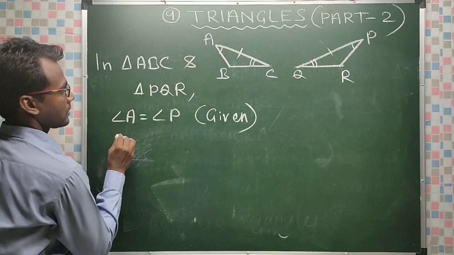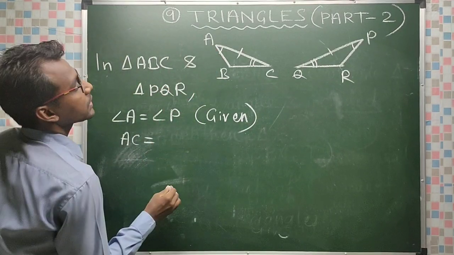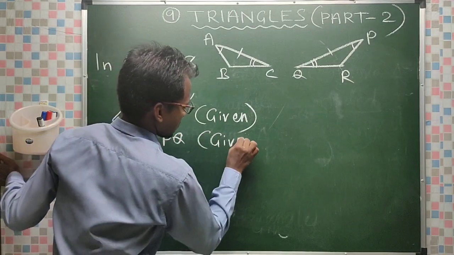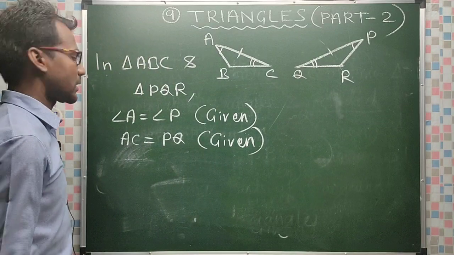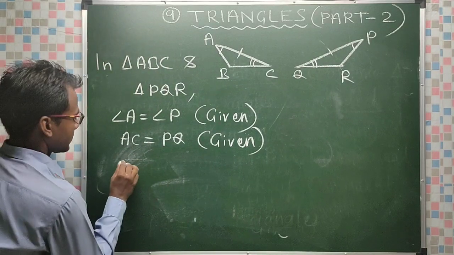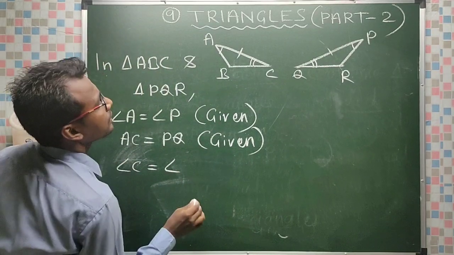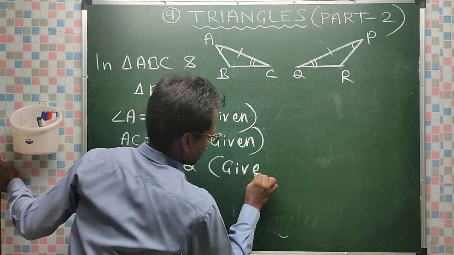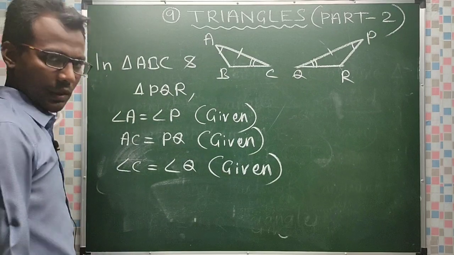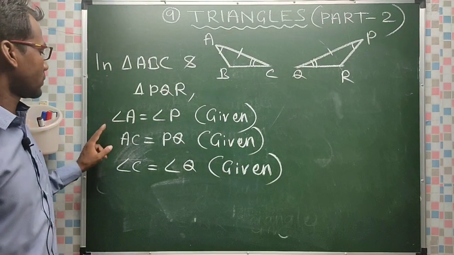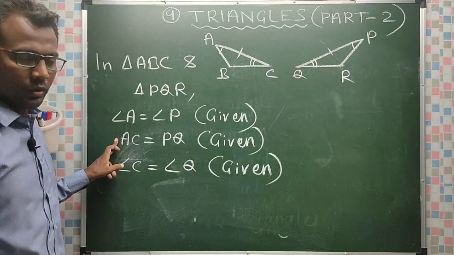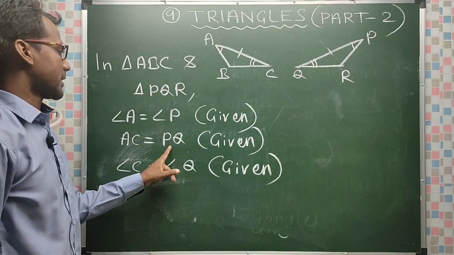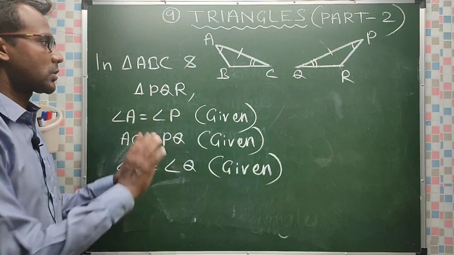Then side AC is equal to PQ, this is also given. Next, angle C is equal to angle Q, this is also given. So two angles and included side of triangle ABC are equal to two angles and included side of triangle PQR. So these two triangles are congruent.